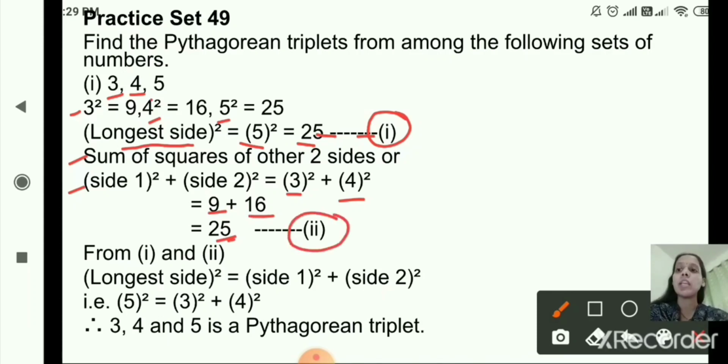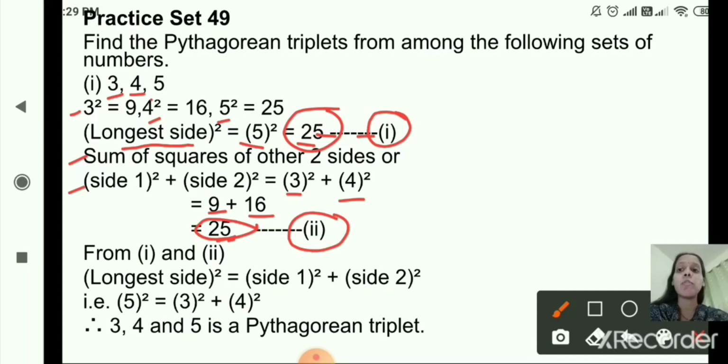Now see here, from statements 1 and 2 what did we get? Here the longest side square is 25. And here the sum of the squares of the other two sides is also 25. So the longest side square is equal to side 1 square plus side 2 square, right?